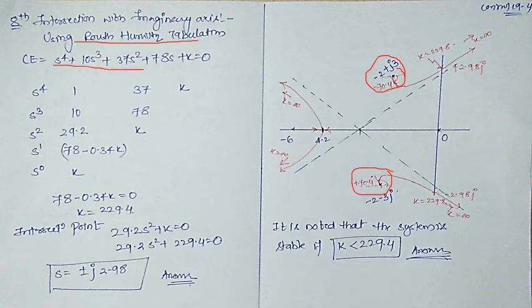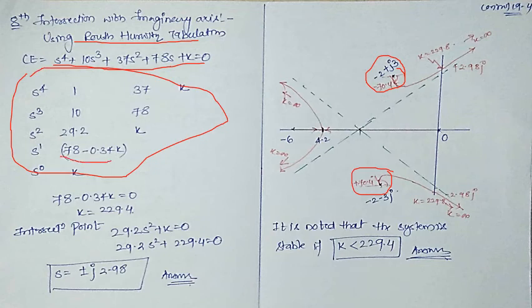Again you need to form the characteristic equation and then solve for the Routh-Hurwitz. If you consider the s to the power 1 term, that is the second last row, this will give you the criterion for intersection with the imaginary axis.